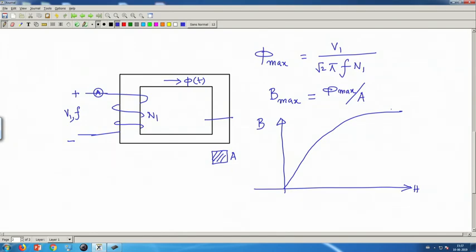So what is I? That is the question asked. I will calculate phi max, then B max, and the BH characteristic is given to me.